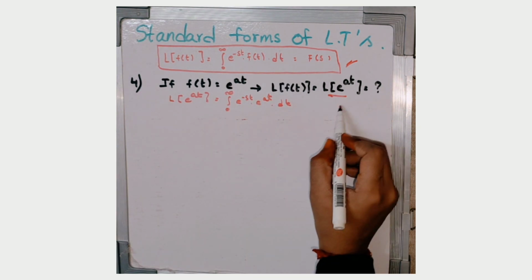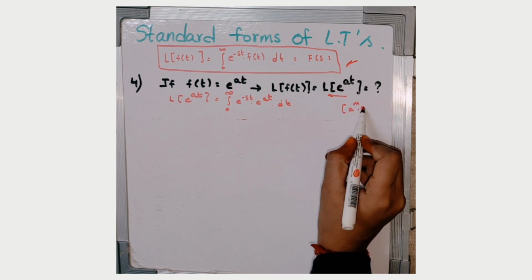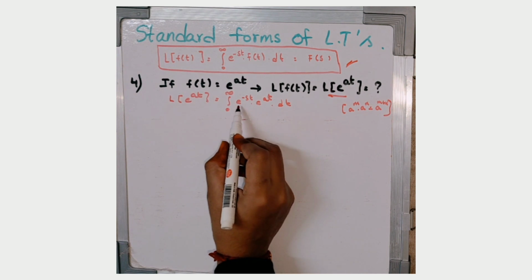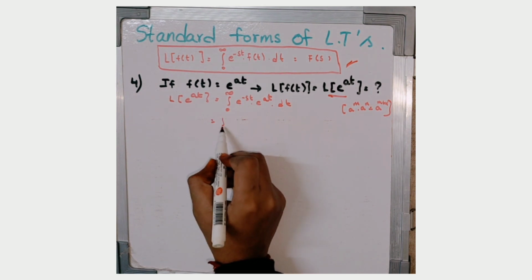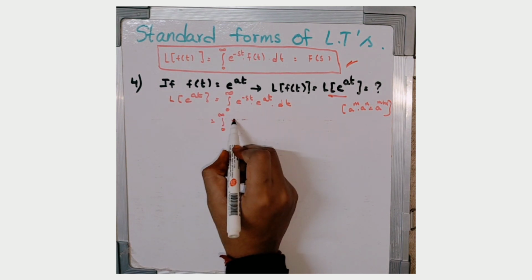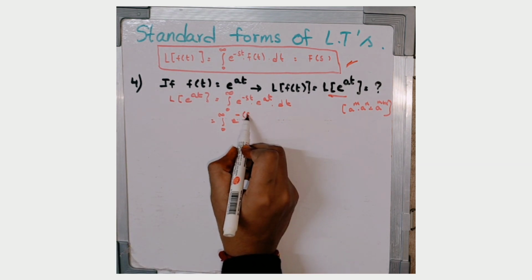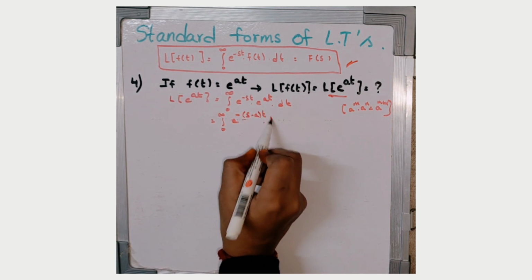Now we know that a power m into a power n is a power m plus n. Similarly, this is in the same form, right? Integral 0 to infinity, we can write this as e power minus of s minus a into t dt.